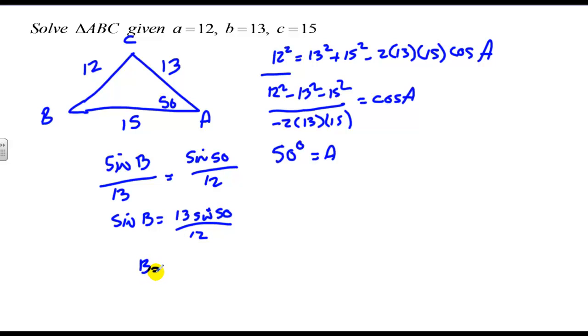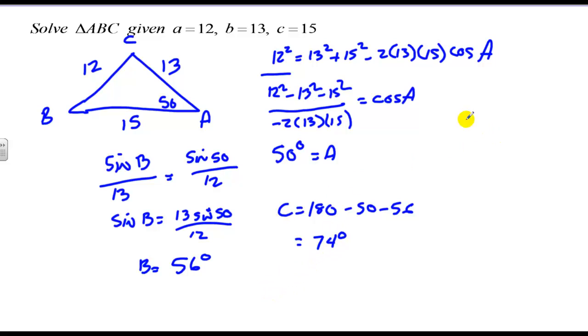Take the inverse, and B is 56 degrees. And then if I want to find C from there, C is going to be equal to 180 minus 50 minus 56. And that's roughly 74 degrees.